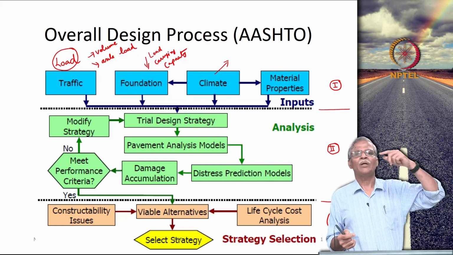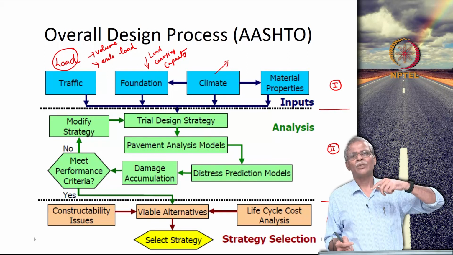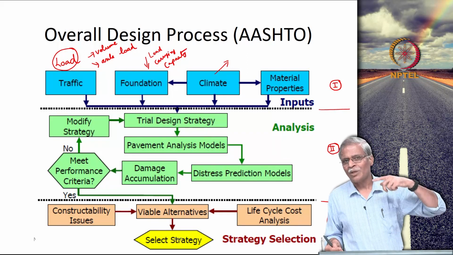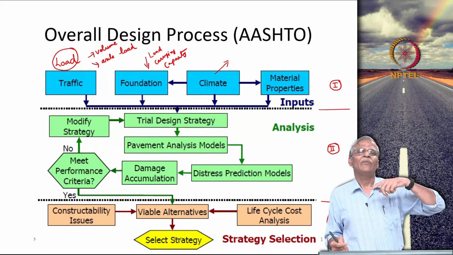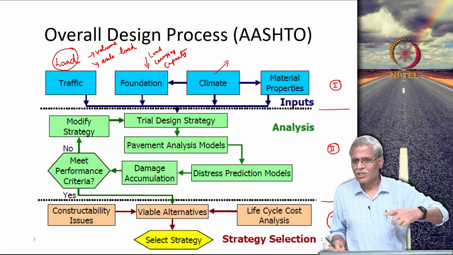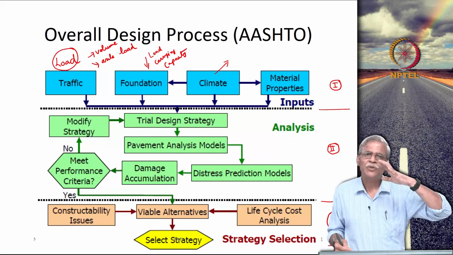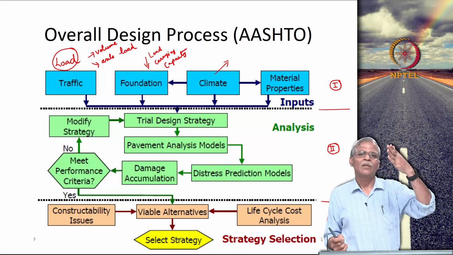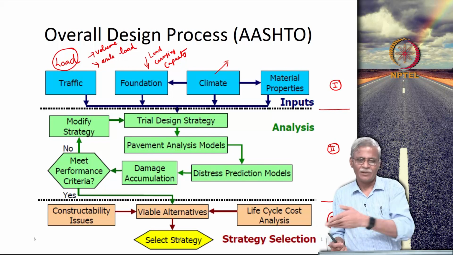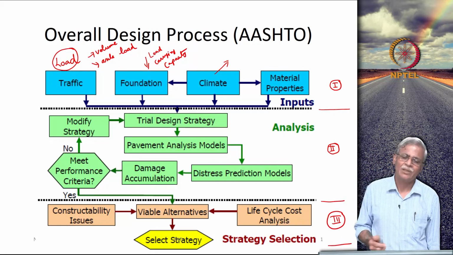Depending on the temperature, the material properties, especially the bituminous properties, will also change, which means the load carrying capacity will change, which means the damage accumulation will also be at a different rate at a different month or time period in a year. Climate plays a critical role.